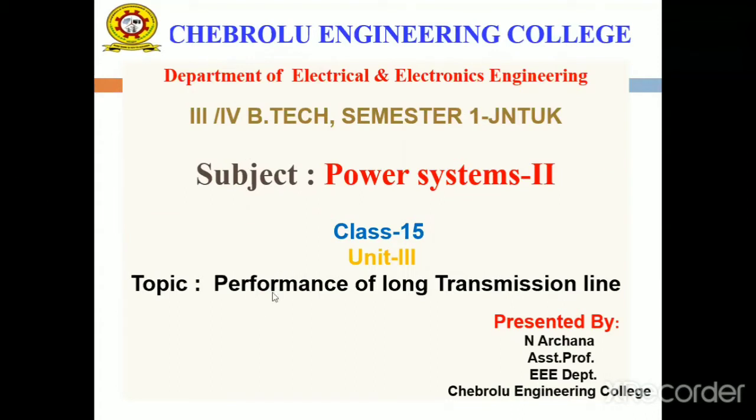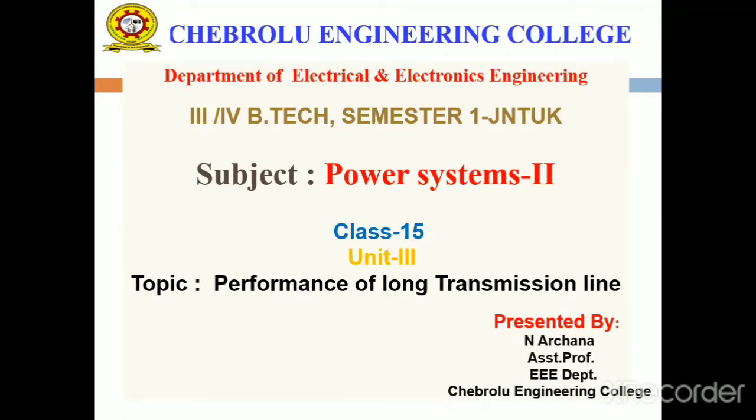In the previous classes we already discussed the short and the medium transmission line: what is meant by the short transmission line, what the equivalent circuit diagram and the phasor diagram are, and how we calculate the voltage regulation and efficiency.